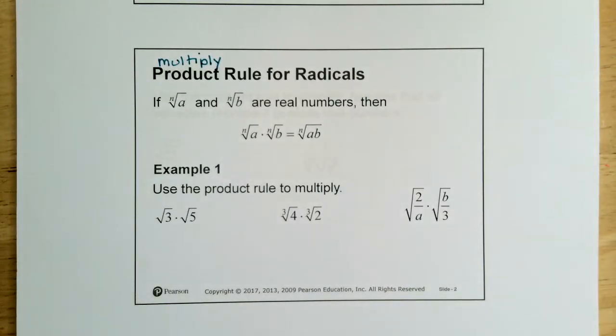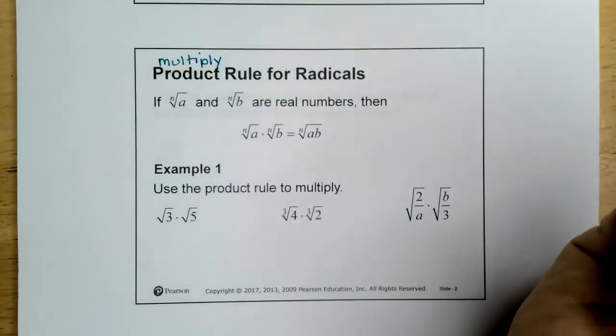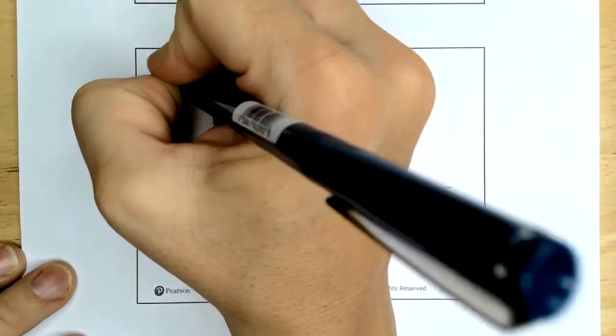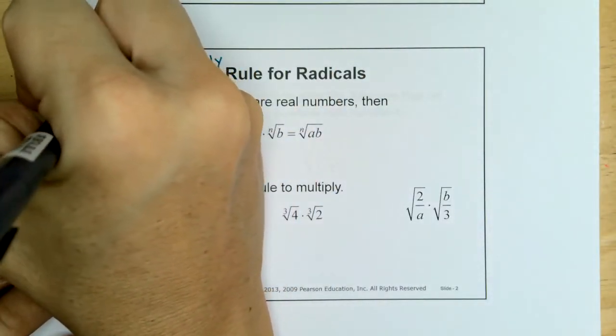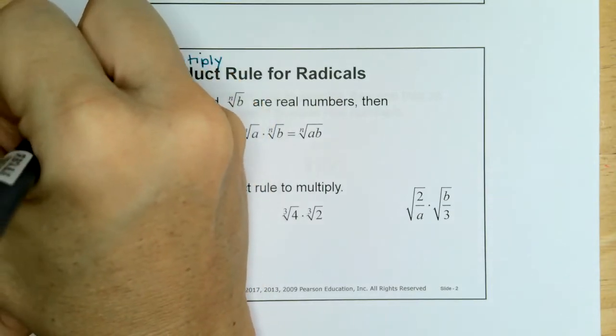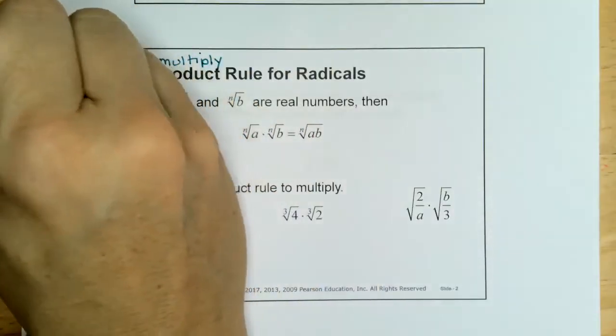So this letter N is called the index or the root. The root of the radical or the index of the radical, okay?